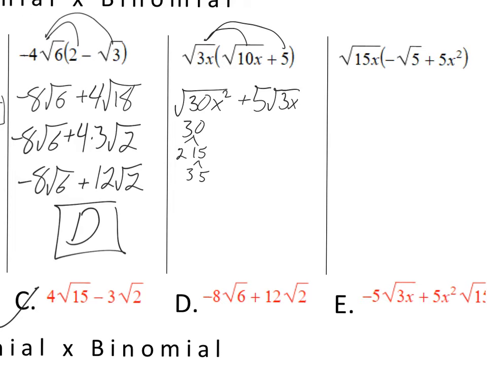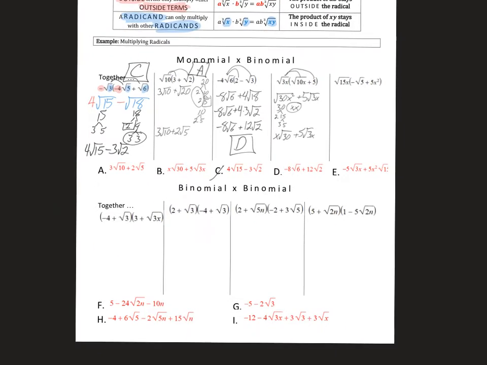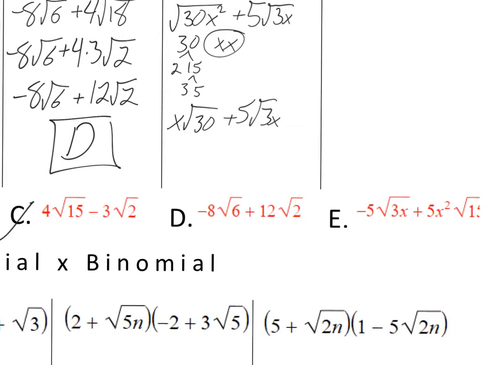I don't have any pairs there, so that's not helpful. x, though, I have 2 of those, so that's a pair. So I have x on the outside, x radical 30 plus 5 radical 3x, which that answer is, where'd it go? B.